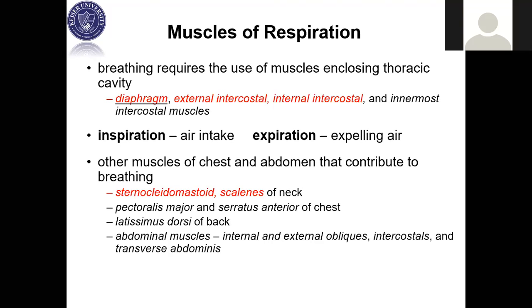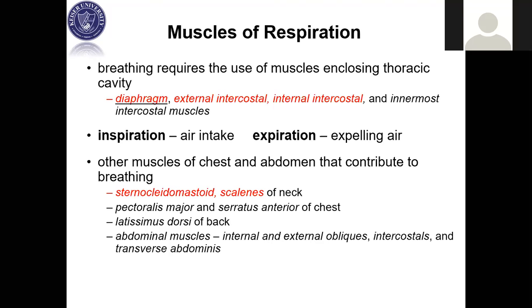Again, the intercostals are muscles between the ribs. Now, some of the terminology that you need to know when we're talking about breathing is terminology for taking in air and the releasing of air.